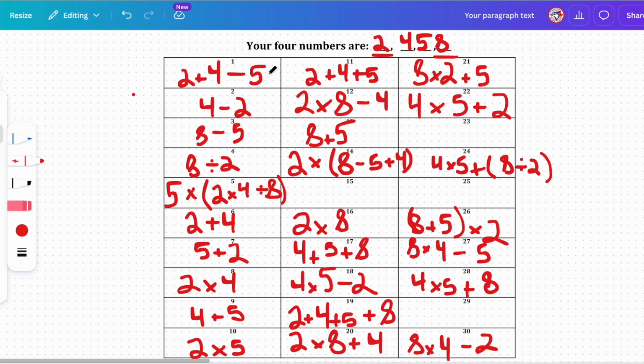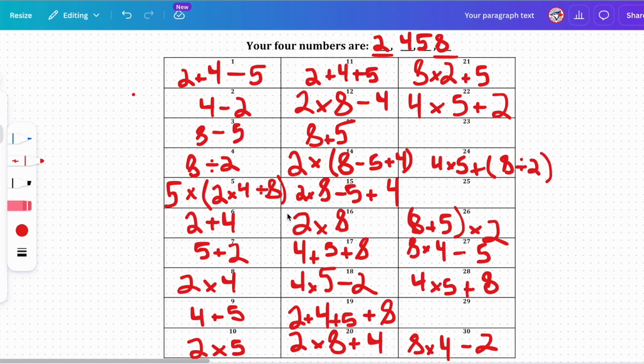Okay, we're 1, 2, 3, 4 numbers away. 15, we've got to be able to get 15. I'm going to have to write small for this, but if I go 2 times 8, 2 times 8 is 16. 16 take away 5 is 11, and then add the 4 to it to get to 15. 23, 25, and 29.